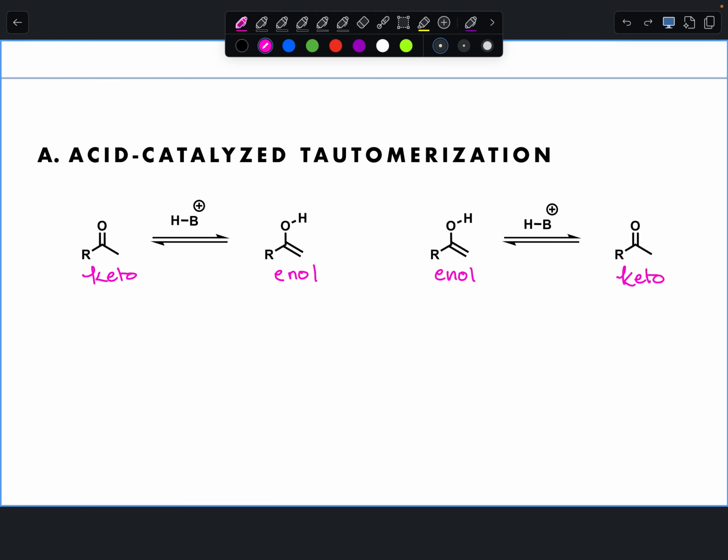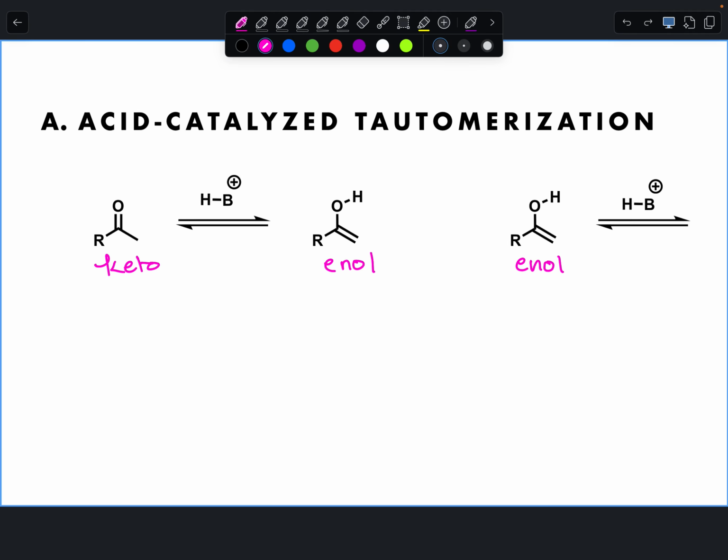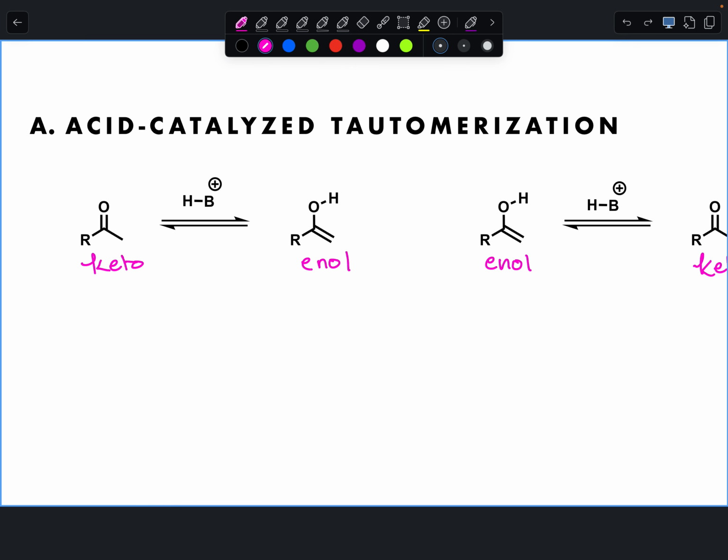Okay, so that just means that we can't rely on equilibrium for these substitutions at the alpha position to do anything. We're going to need to force these reactions to happen. Any questions on that? I'm not going to ask you for these numbers, but I just wanted to drive home the point that we have very little enol naturally.